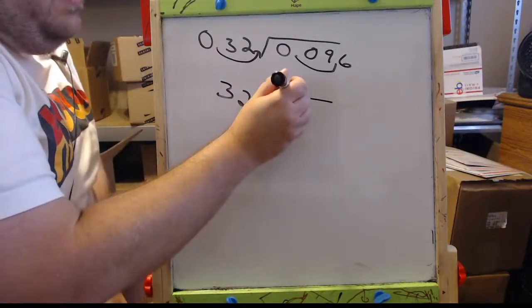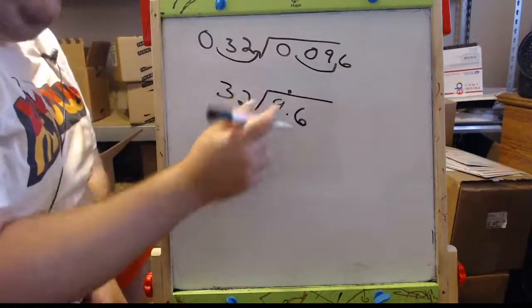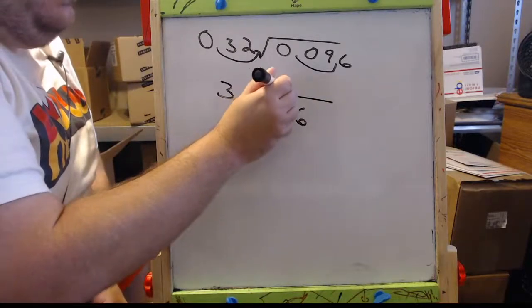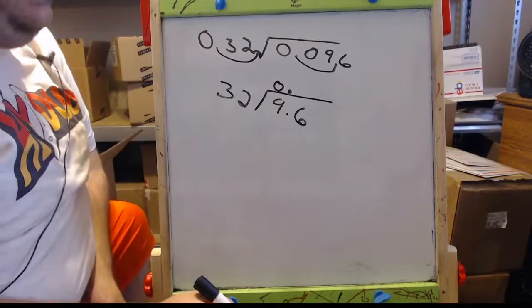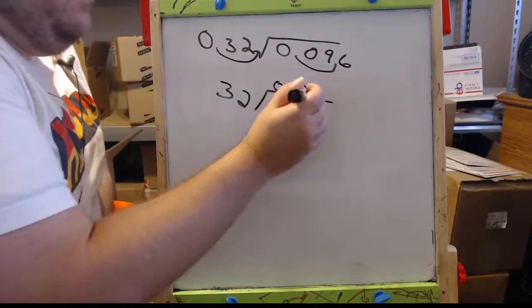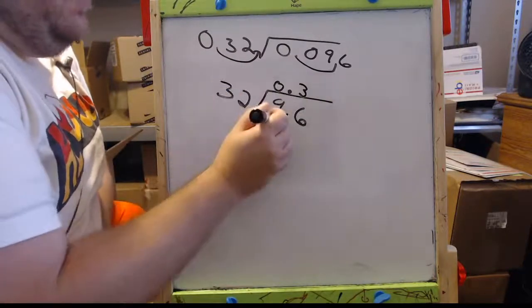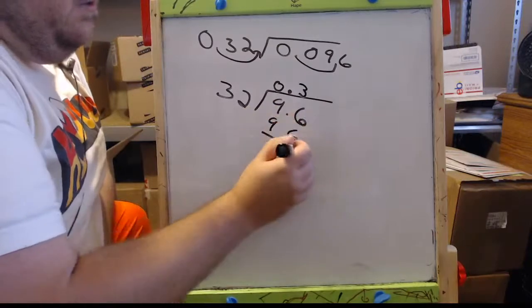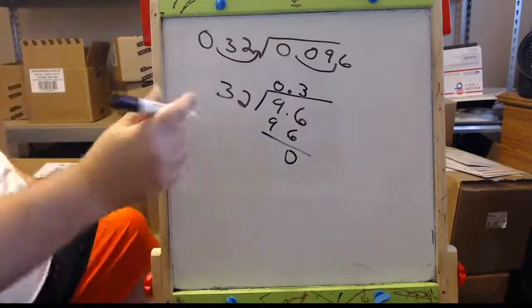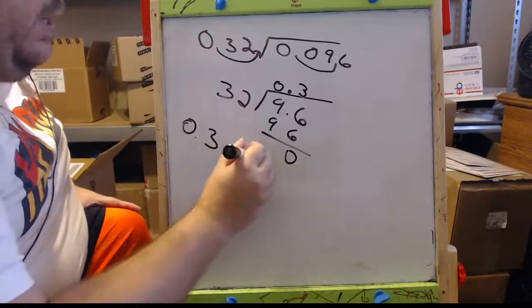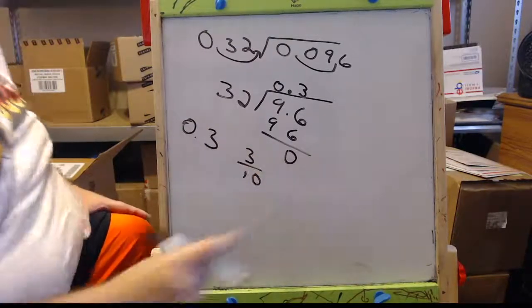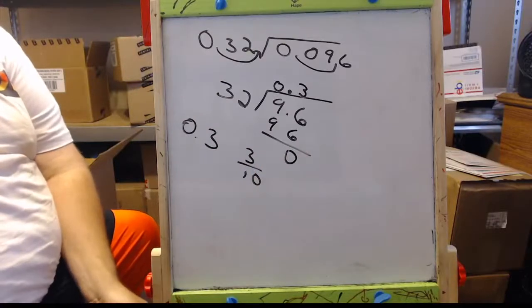Now, once you have a whole number on the outside, bring the decimal up. 32 does not go into 9. 32 goes into 96 3 times. All right, so 3 times 32 is 96. 0 left over, so our answer is 0.3, which is known as 3/10.